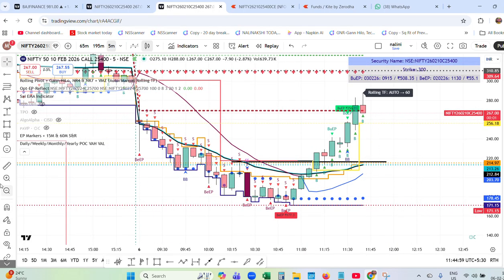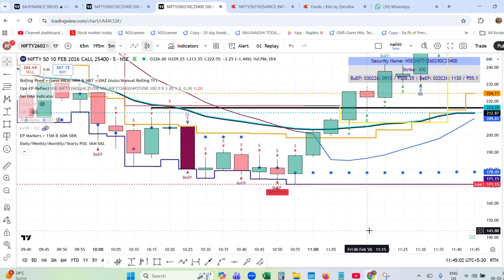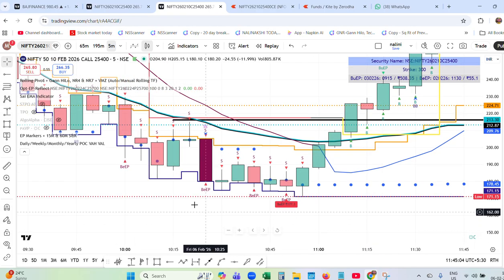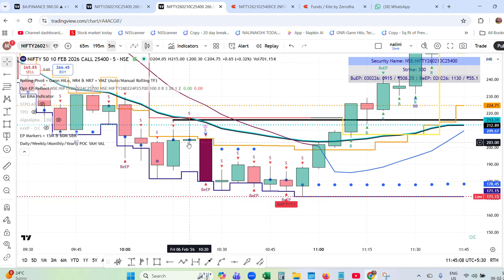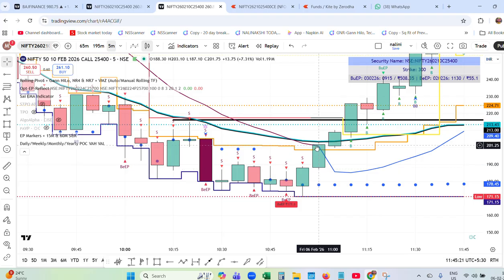See, the market was coming down, the rolling pivot is on, and here itself I saw one neutral candle. No, it is a sell candle here. Here I am seeing a neutral candle over here, a neutral candle from 187 to 201. But I took the trade very early because I started seeing the market holding this level.